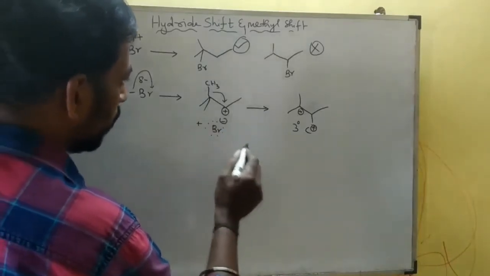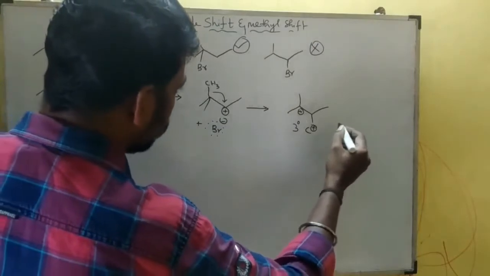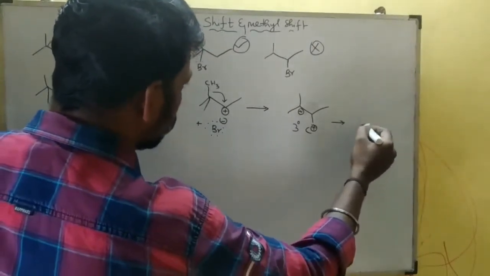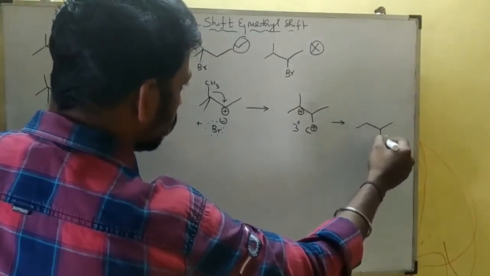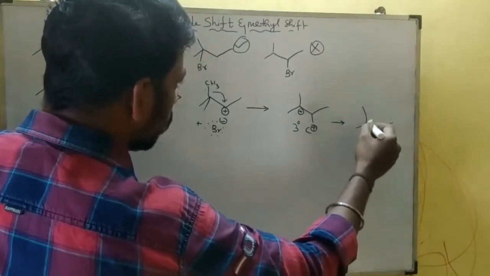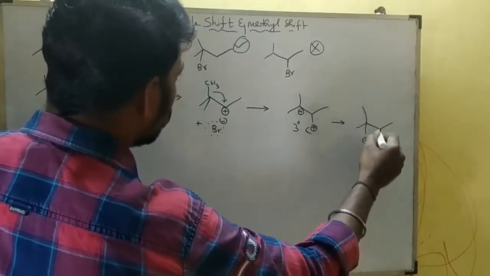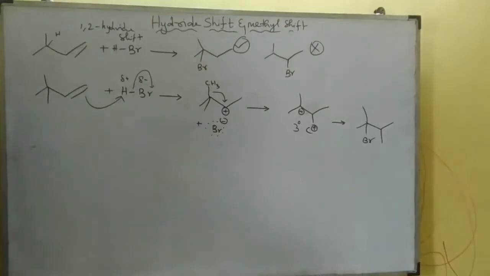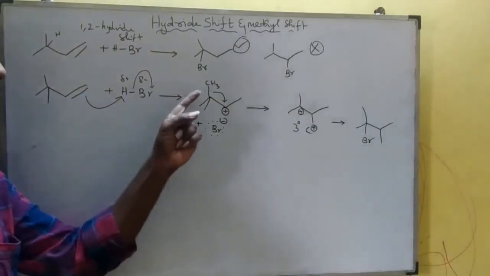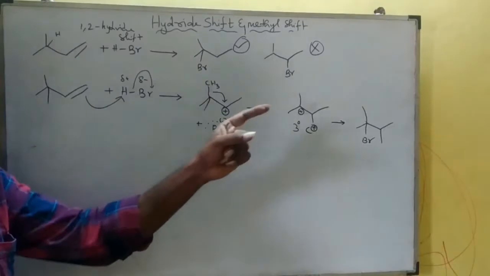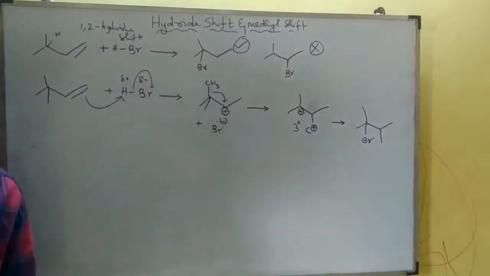This Br minus attacks here to form the product. So, this is an alkyl shift. Which alkyl group is shifted here? This is methyl. So it is a 1,2 methyl shift.